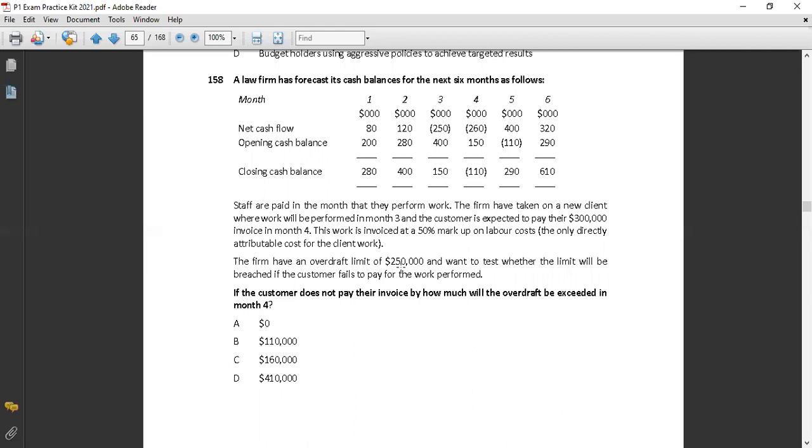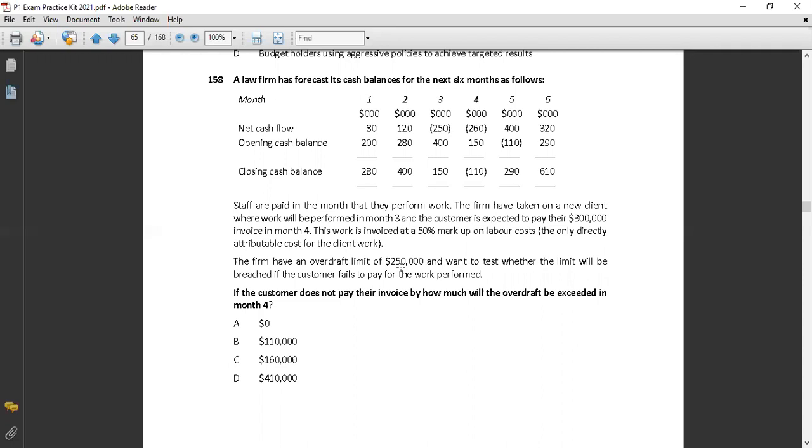The firm have an overdraft limit of 250,000 and want to test whether the limit will be breached if the customer fails to pay for the work performed. If the customer does not pay their invoice, by how much will the overdraft be exceeded in month 4? So this is the content.